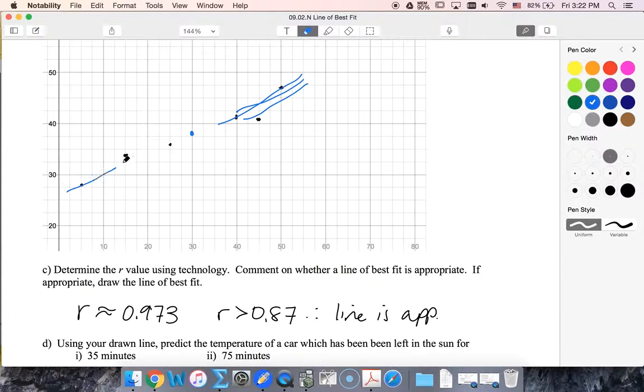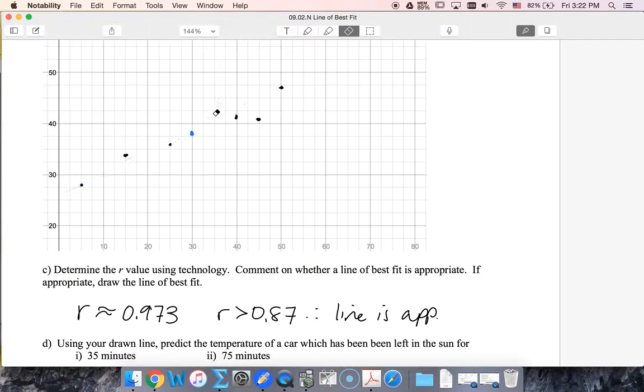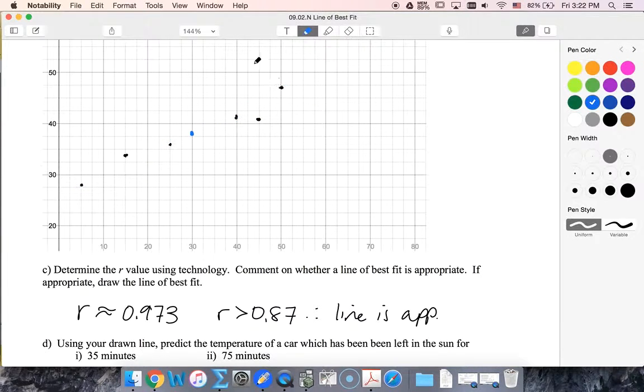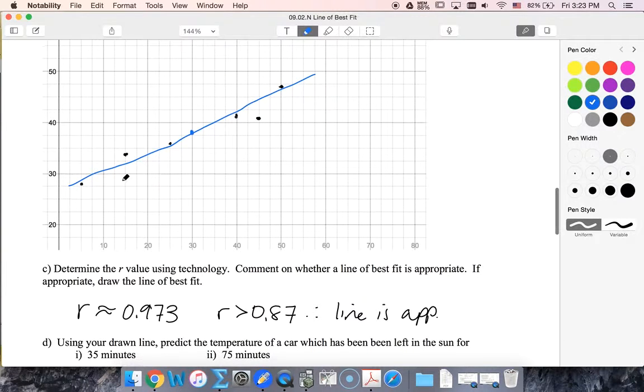So clearly it does not like my shift key to make straight lines like it should. So I'll do it as best I can. All right, I've got 2 points above, 2 points below. I'm pretty close to this point. So here's my line of best fit.